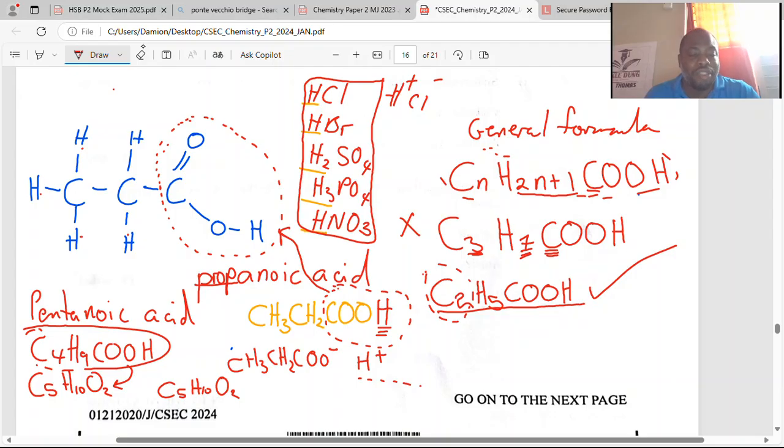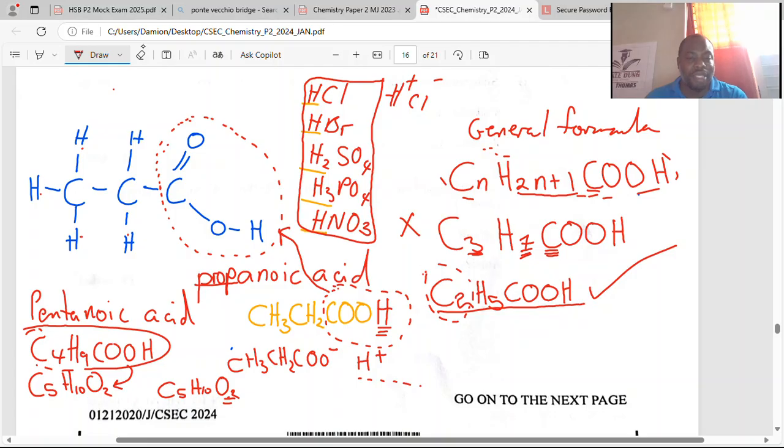You should know automatically why it is not an alcohol but an acid: the fact that we have two oxygens. So the moment you see two oxygens, you know that you're dealing with an acid. If it was an alcohol, you would have had one oxygen.